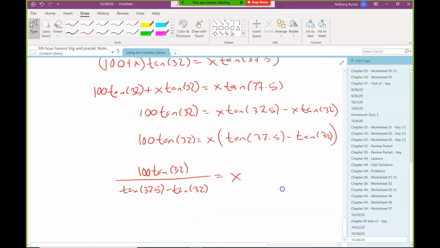So when I type that into my calculator, I get about 438.64 for x. I guess these are meters.